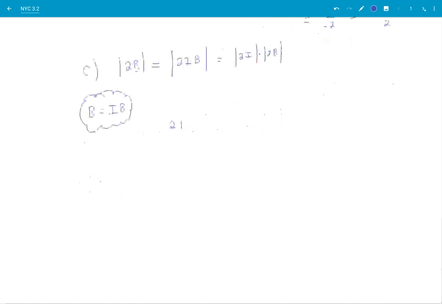Now, what does 2I look like? 2I looks like, well, it's just this thing with 2's. Oops. There's only 3 of them. So that's 2I, right? So the determinant of 2I is 2 cubed.